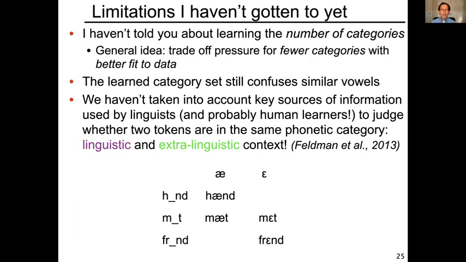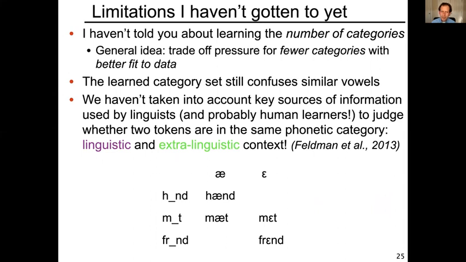So there are a number of limitations of this approach that I haven't gotten to yet. In particular, I haven't told you about learning the number of categories. There's a very simple idea and picture here that gives you most of what you need to know. The idea is that you want to put a prior distribution over the number of categories, so that there's a pressure for fewer categories, because if you're going to have arbitrarily many categories, you can have a bunch of tiny little categories that just fit your data really well.